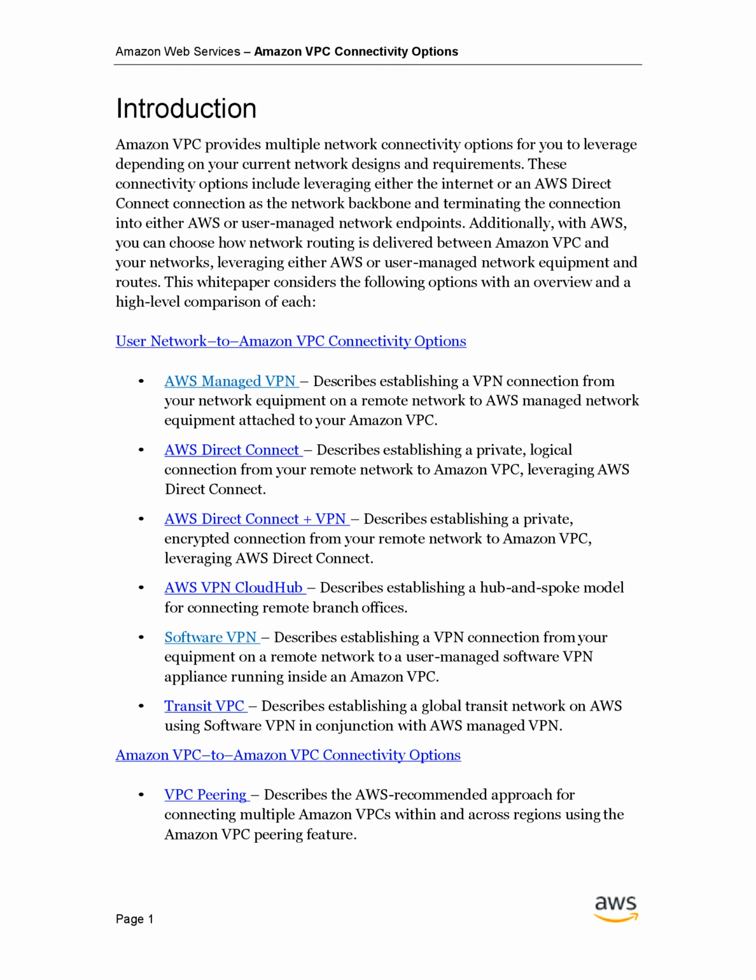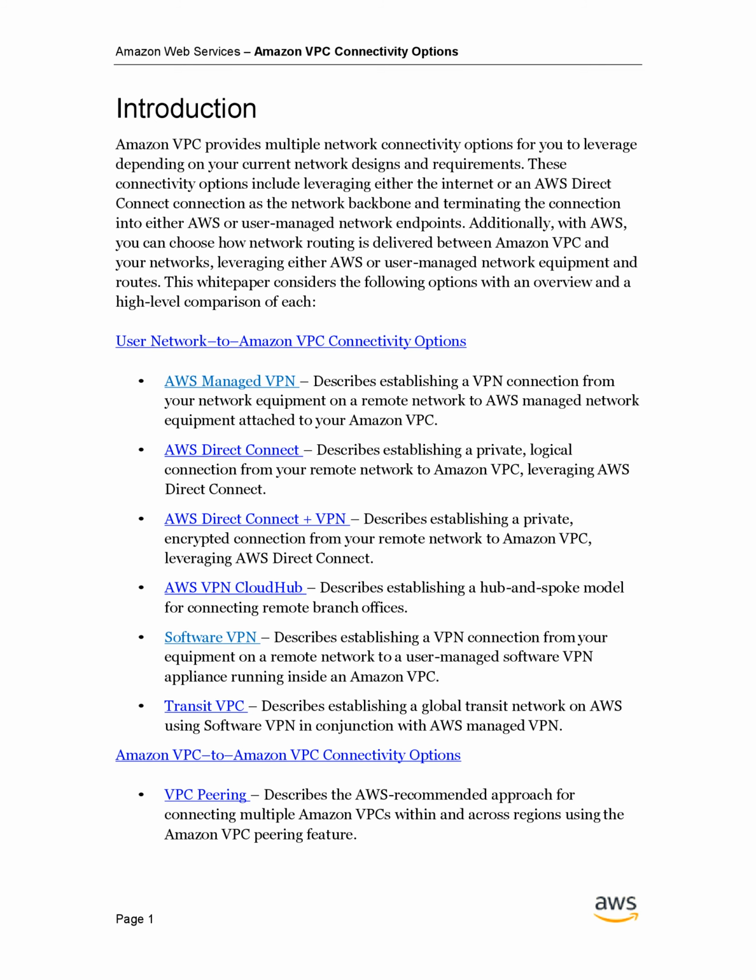Software VPN describes establishing a VPN connection from your equipment on a remote network to a user-managed software VPN appliance running inside an Amazon VPC. Transit VPC describes establishing a global transit network on AWS using software VPN in conjunction with AWS Managed VPN. Amazon VPC to Amazon VPC connectivity options.